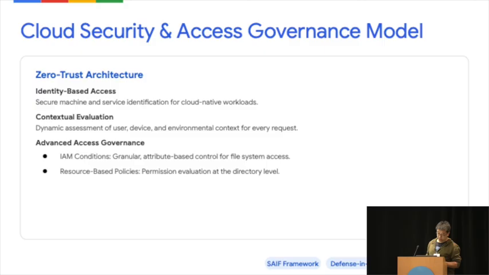You need to do this all the time, so every request needs to be authorized. Also, resource control has to be flexible. You cannot define rules for every user. Ideally, you need to define it at the directory level.